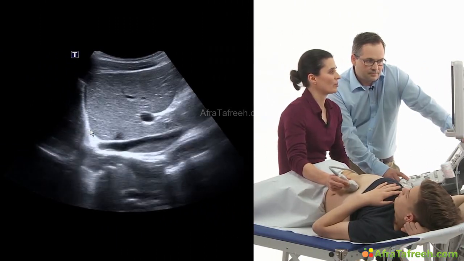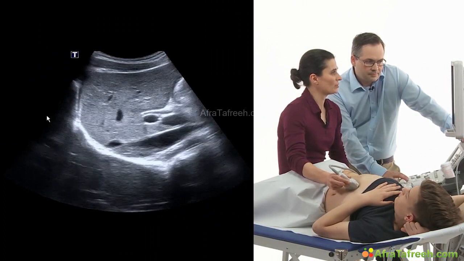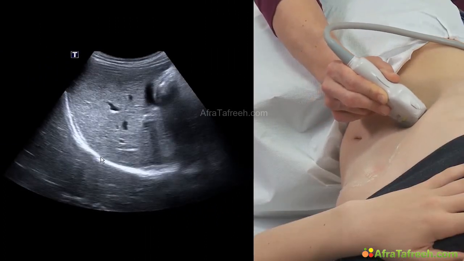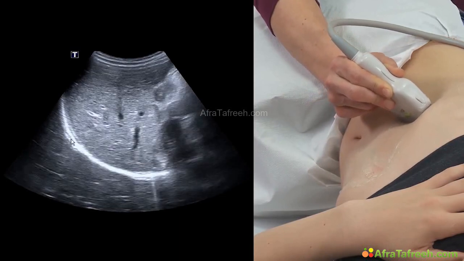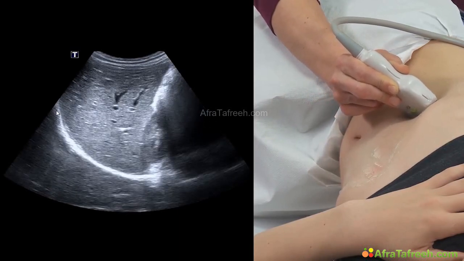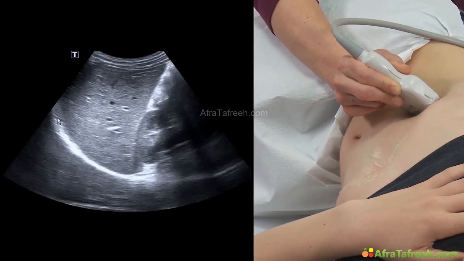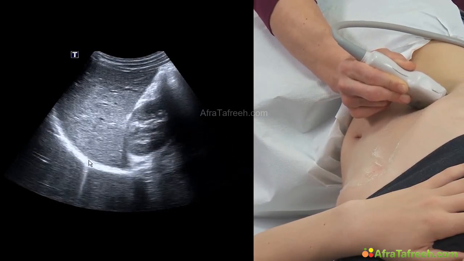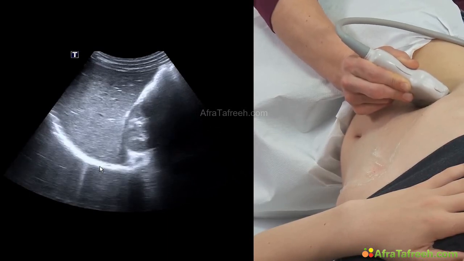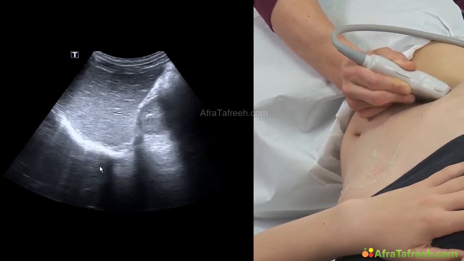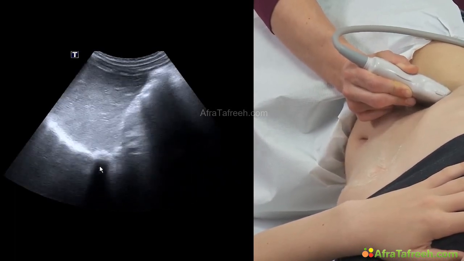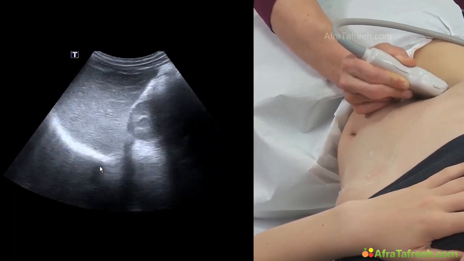I start to move my transducer to the right side of the patient, and I focus on the diaphragm so that I know that I have the cranial parts of the liver in my view. You have a perfect view on the diaphragm here. This bright hyperechoic line over here. Brilliant. I don't change the axis of my transducer. I let my patient exhale now and inhale again, please.